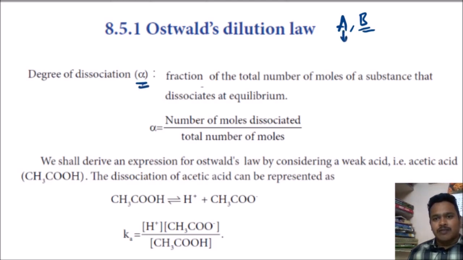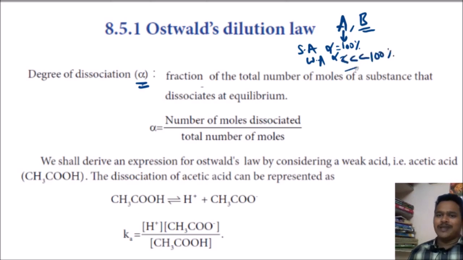I told you that for a strong acid the alpha value is 100%, and for a weak acid the alpha value is very much less than 100%. I told you this degree of dissociation concept at that time itself. So what is degree of dissociation?